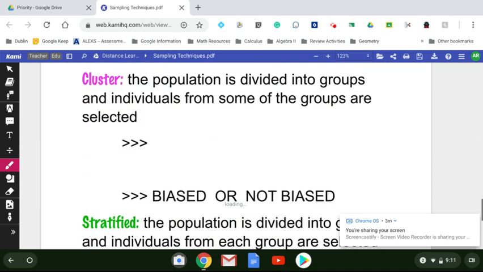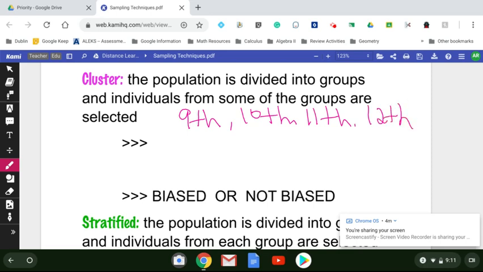We have two more to look at. One is cluster. The population is divided into groups, and individuals from some of the groups are selected. So let's say we divide the whole school, 1,300 students, into 9th, 10th, 11th, and 12th graders.